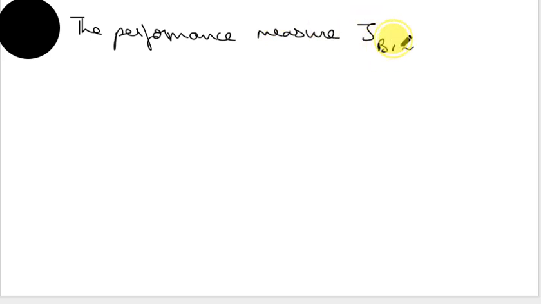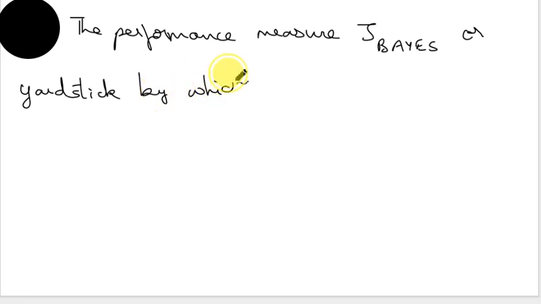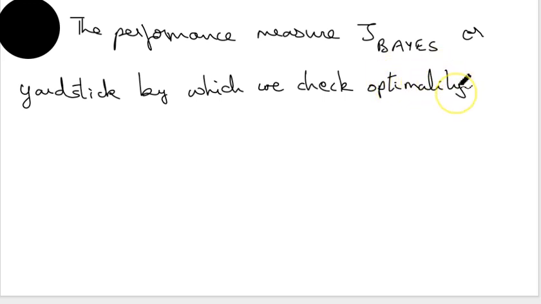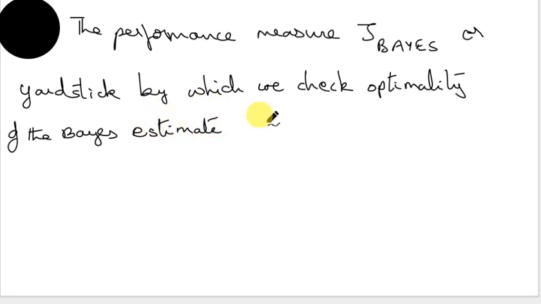J Bayes, or in general, it is also called a yardstick by which we check optimality of the Bayes estimate, is the expected value of a cost function.